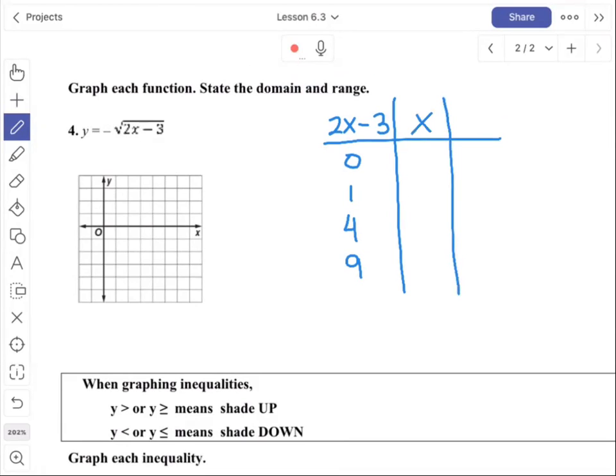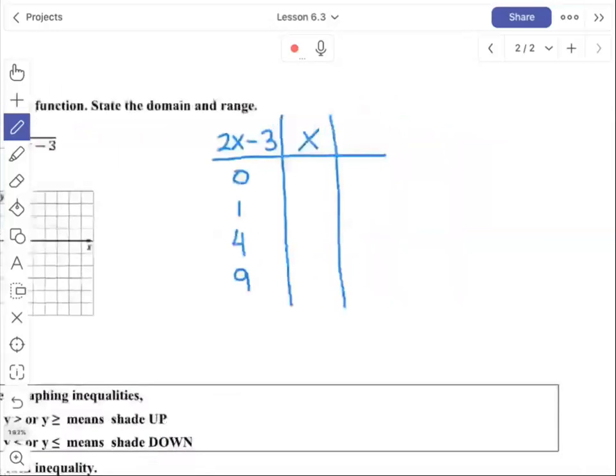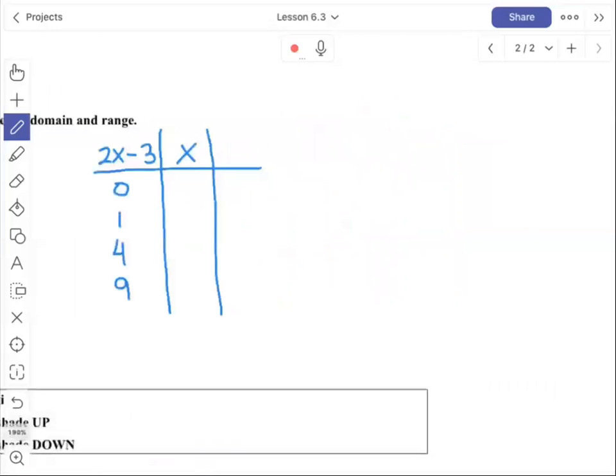So I'll give you guys options. You can set up equations like 2x minus 3 equal to 0 for this first one. So you can just solve for x, and that is your answer.